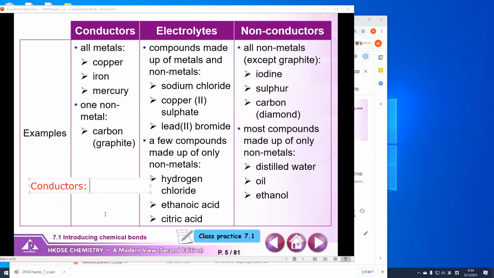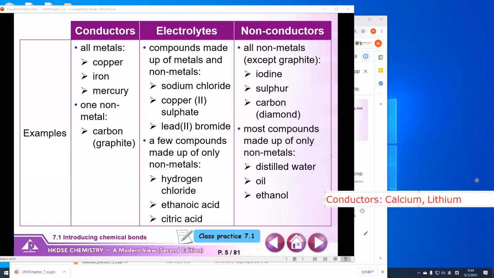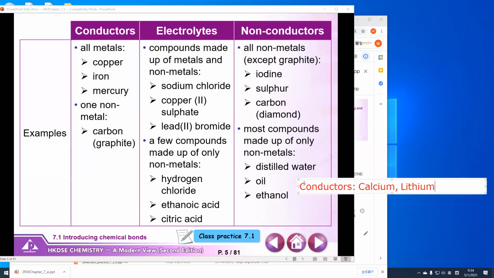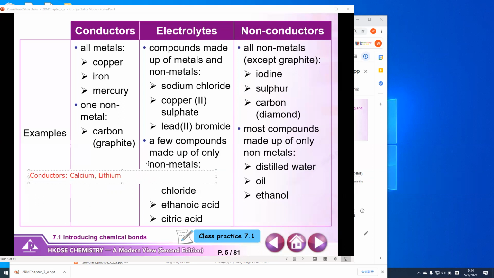Okay, you can say, tell me the metal. For example, calcium and lithium. Calcium and lithium, they are the conductors. 寫細啲先啊，又唔得太細，都睇到嘅。Conductors, they are calcium, lithium.